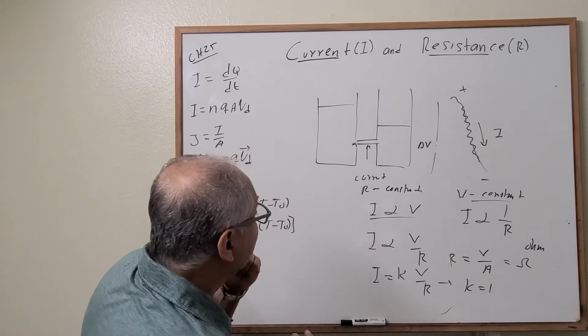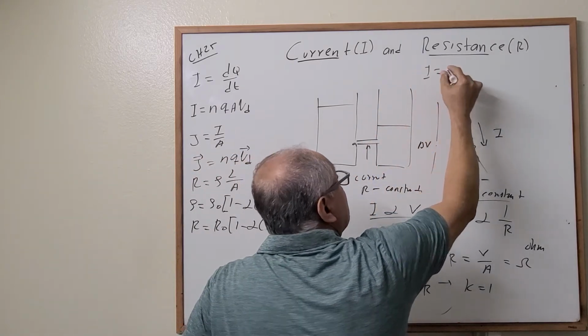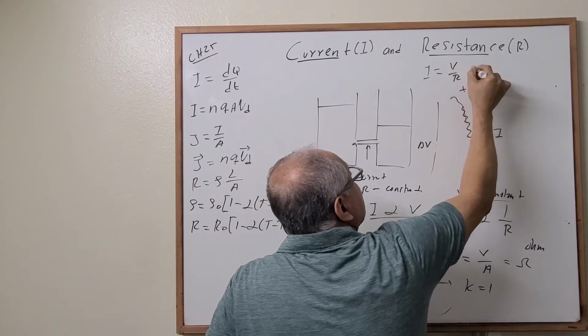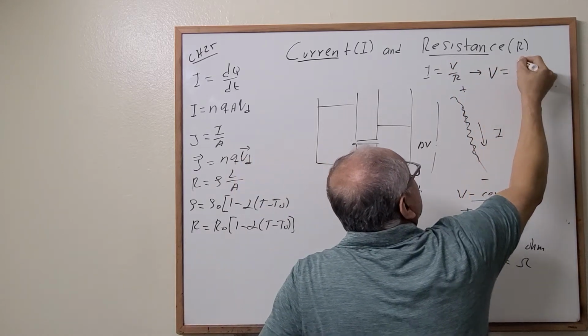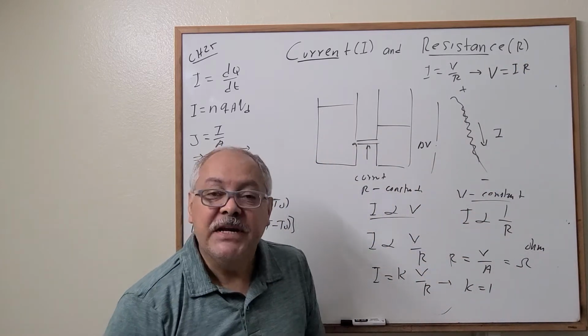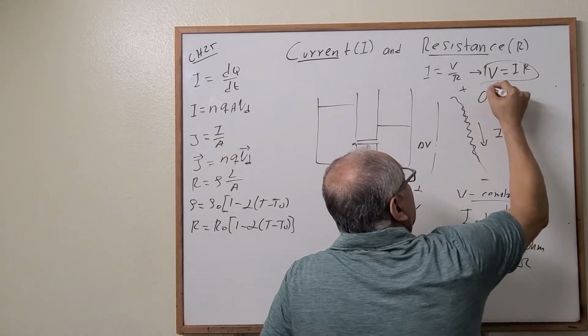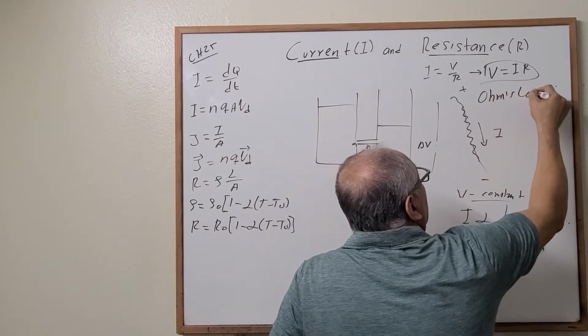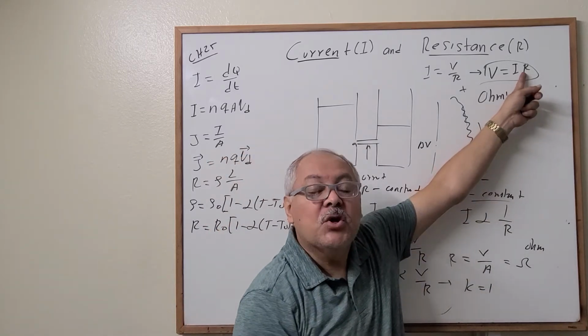So what do we have then? Well, we have this equation right here, that current is equal to voltage over resistance, or we can say that voltage is equal to current times resistance. This one has a special name. This is called Ohm's law. And this is valid only when R is constant.